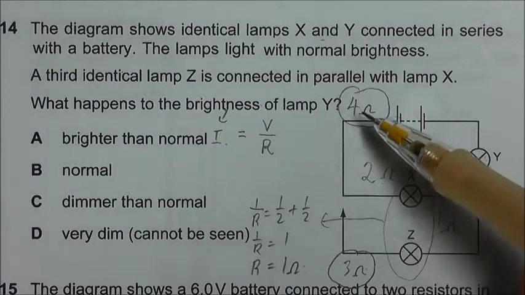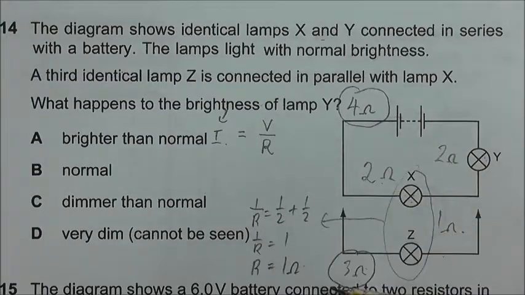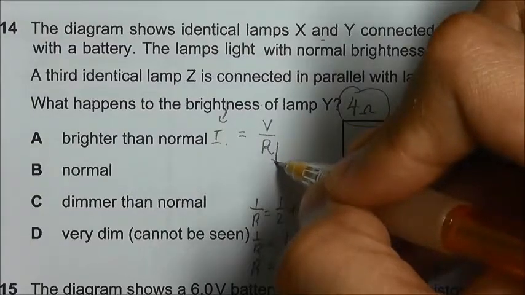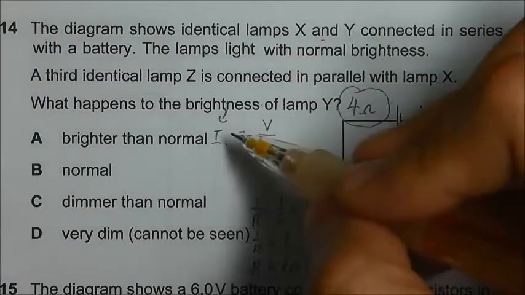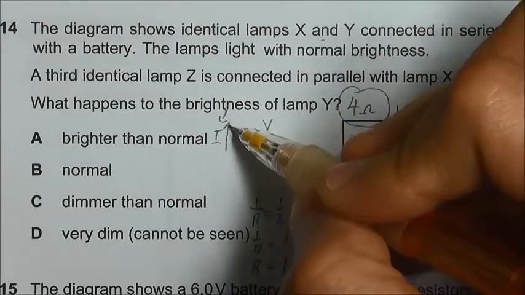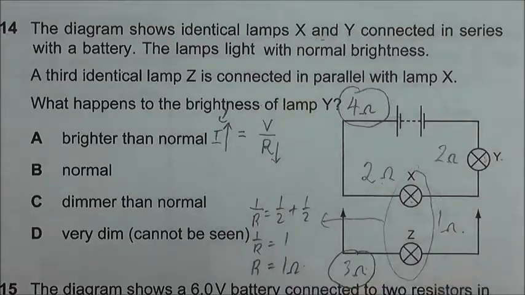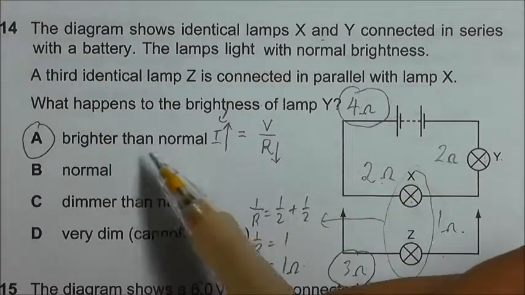We can see that the resistance decreases. So if the resistance decreases, the current flowing through lamp Y will increase. If the current increases, lamp Y will get brighter. So the answer should be A, brighter than normal.